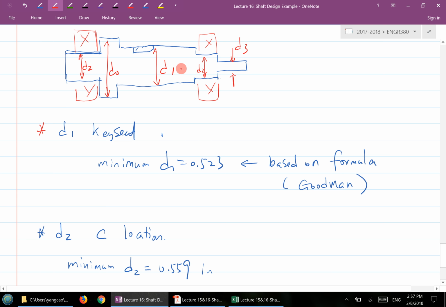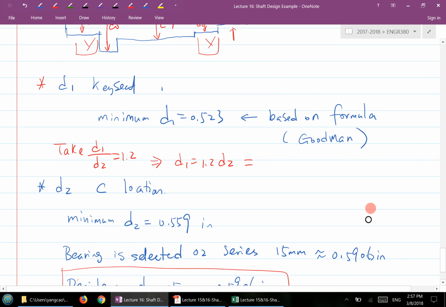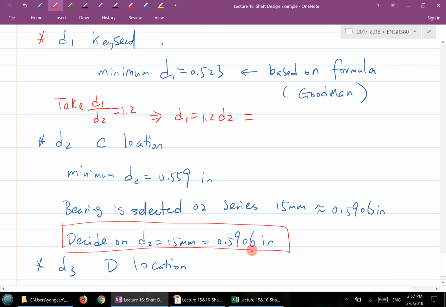For this particular calculation, we'll take a ratio D1 over D2 of 1.2. The shoulder ratio is generally between 1.2 and 1.5. So if I take D1 over D2 equal to 1.2, that gives D1 equal to 1.2 times D2, and D2 we have decided is 0.5906.